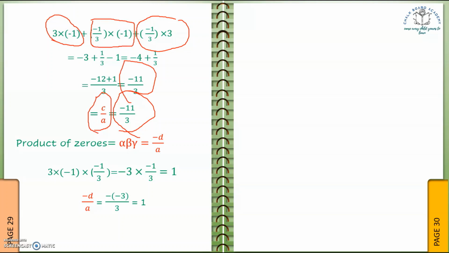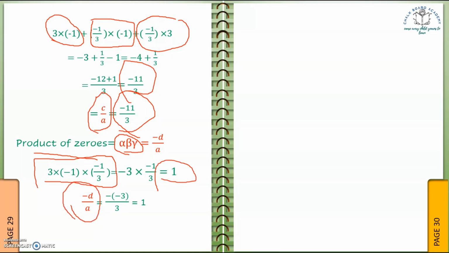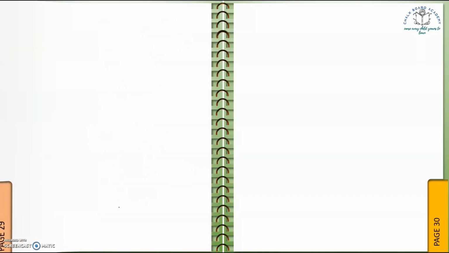And the third part here, product of zeros, that is equal to alpha into beta into gamma. So 3 into -1 into -1 by 3. So this is also equal to 1. And here by formula it is equal to minus d by a. And d is already negative in this question, which is -3.